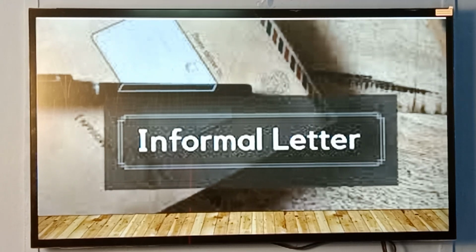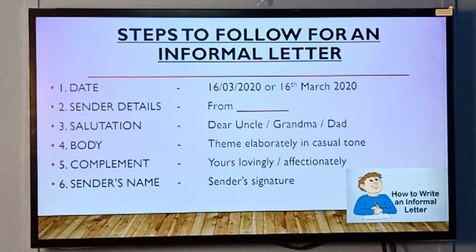Next comes the informal letter. Now we shall see the steps to follow for an informal letter. Before that, we all know what an informal letter is. Informal letters are letters written between family members, between two relatives, between friends or known persons. Steps to follow for an informal letter.